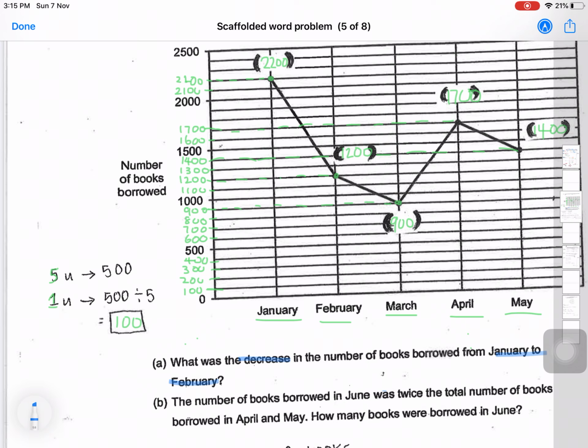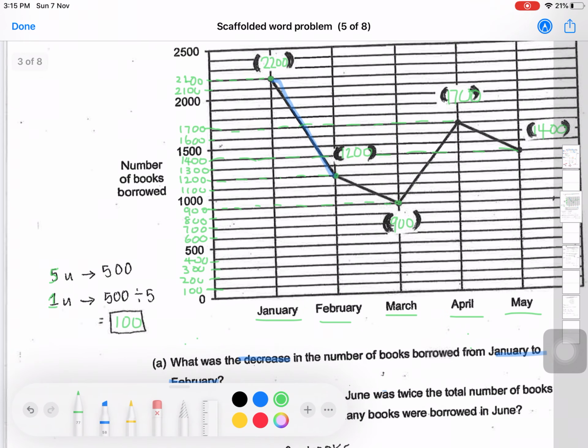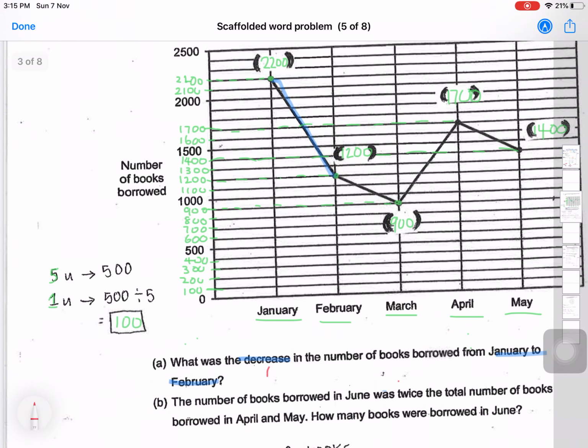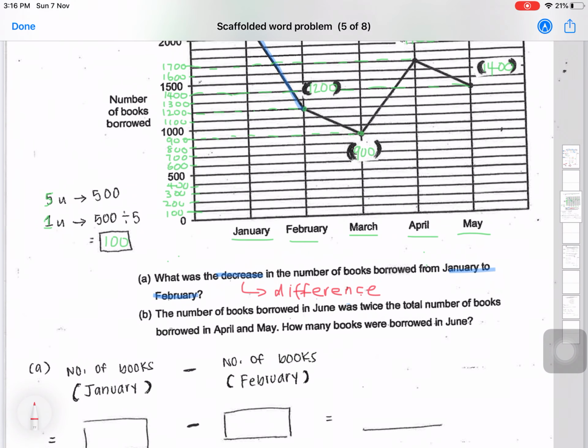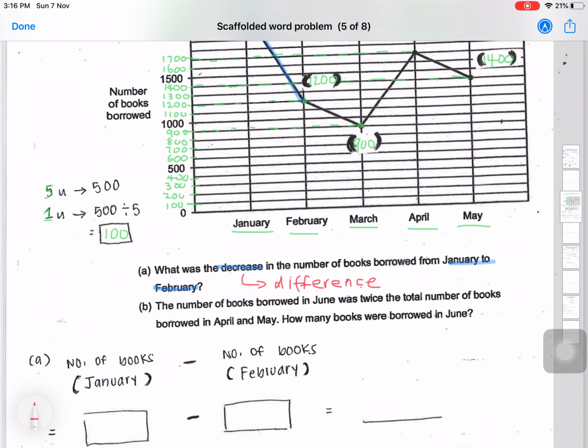We can see from January to February, there's a decrease in the number of books. And we want to find what is the decrease. So that means we are going to find the difference between January and February. So question A, we are going to do difference, meaning minus.